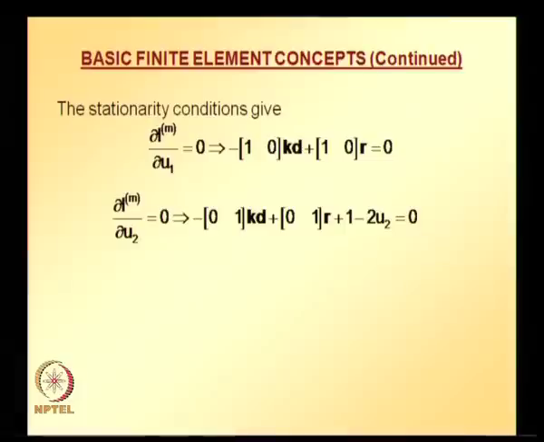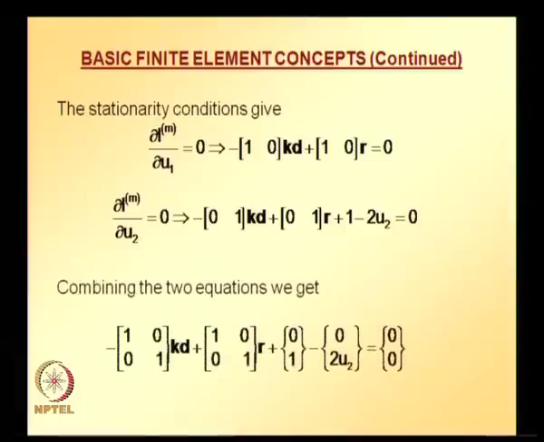You put these two equations in matrix form, you get this equation system, and rearrange this one, because [1 0; 0 1] is an identity matrix. Whatever I multiply with the identity matrix I get the same quantity.